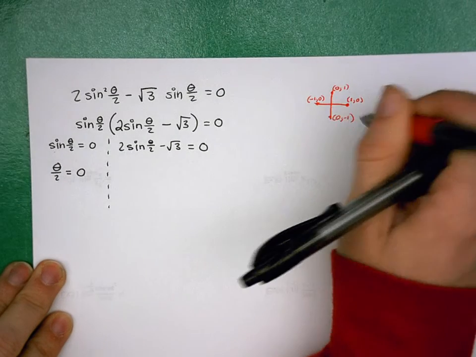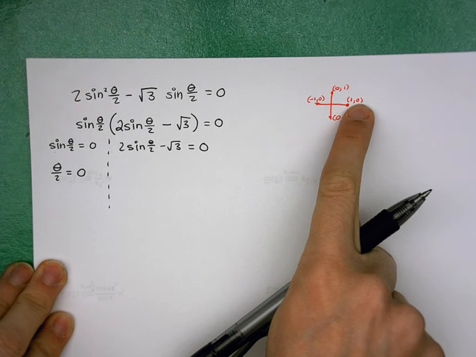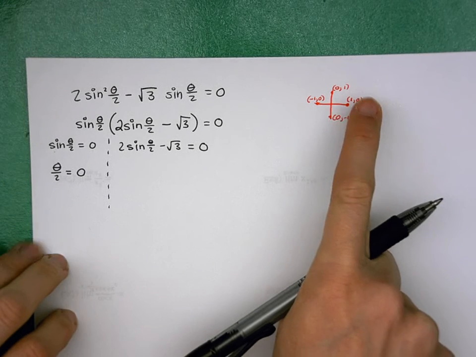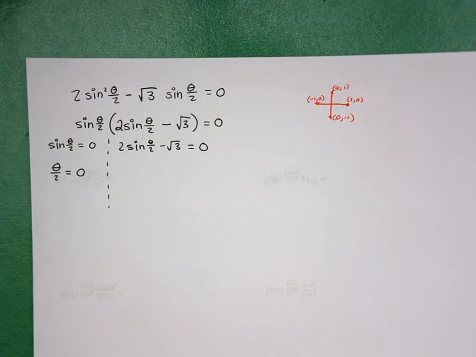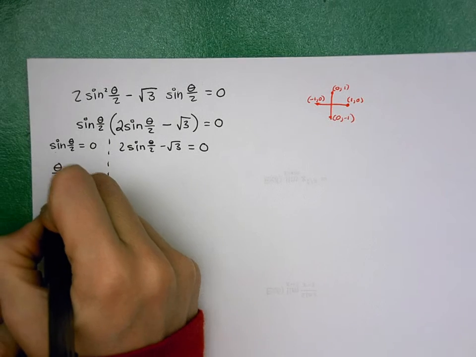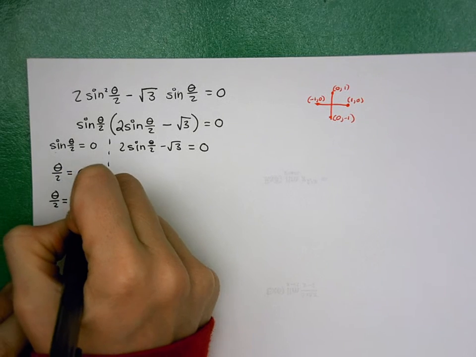In this case, sine would equal 0 at 0 and pi. And then technically 2 pi as well, but remember our restricted domain. We're only going from 0 to 2 pi, including 0, not including 2 pi.